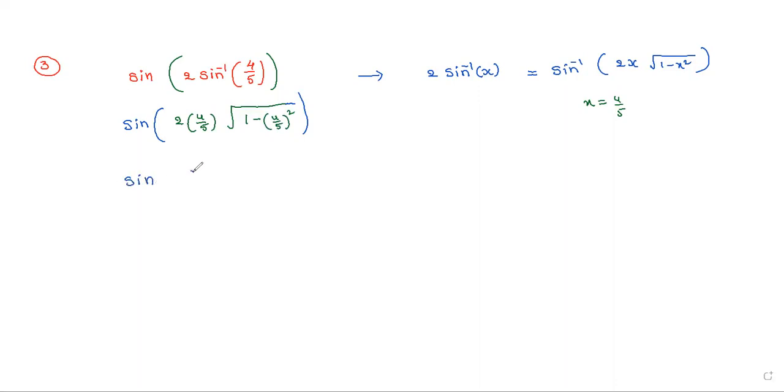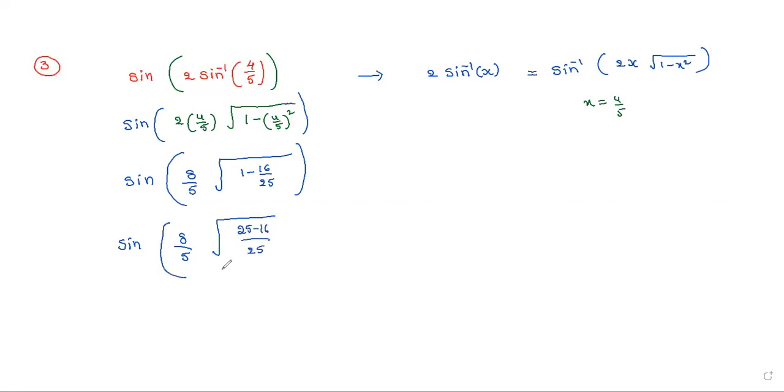Sine of 8 by 5 root of 1 minus 16 by 25. Sine of 8 by 5 square root of 25 minus 16 by 25. 25 minus 16 is 9, so 9 by 25.